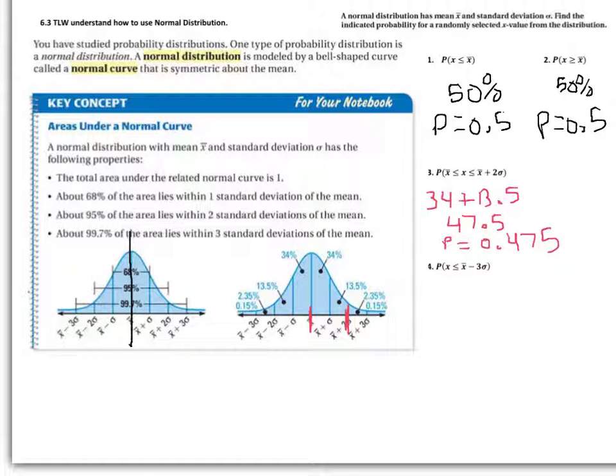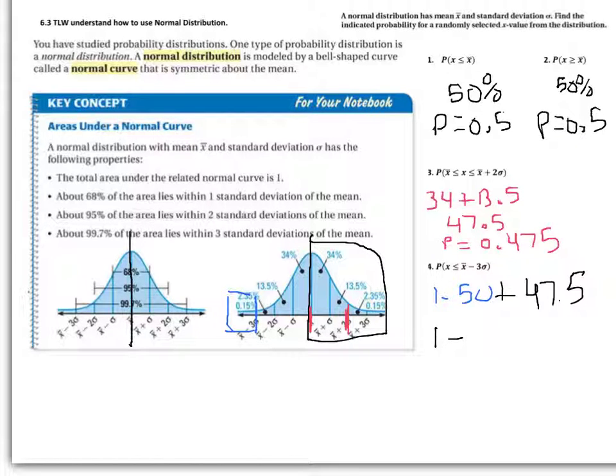Okay, so let's look at the next one. It says x is less than or equal to x minus 3 standard deviations. So if you subtract 3 standard deviations, that puts us here. They want us to be just this little space. So it's going to be 1 minus, well, 50%, because you have the whole top half, plus we have to include the 47.5.